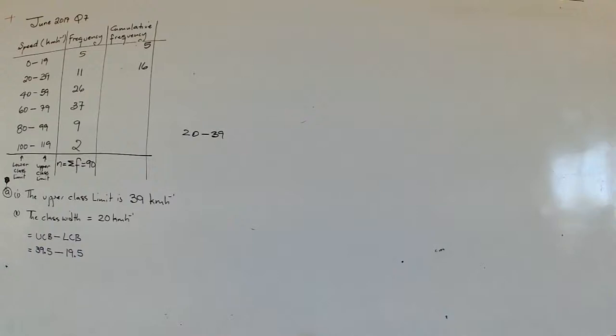Between here and here, how many vehicles is this? 16. I have an issue with it too, because he's saying 17 vehicles. Let's just double check to ensure that we're correct, and then we're going to answer the question. And yours is a 16?